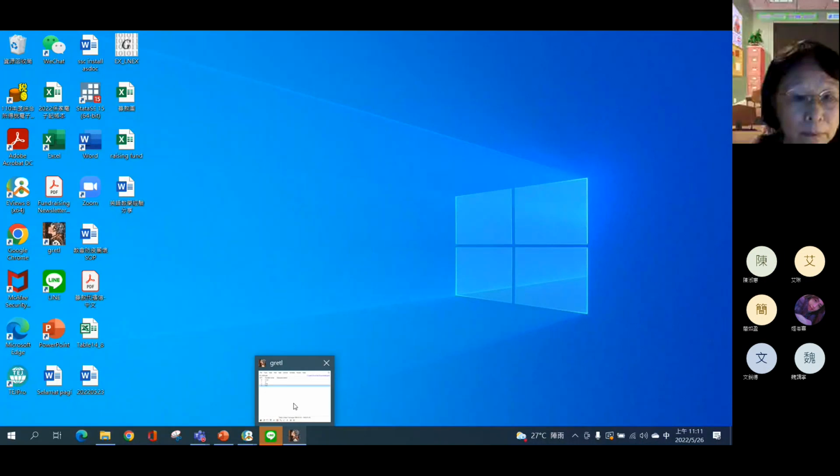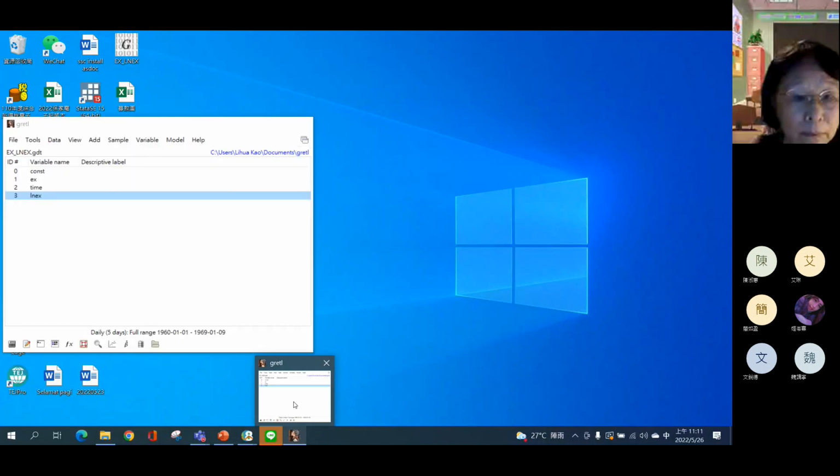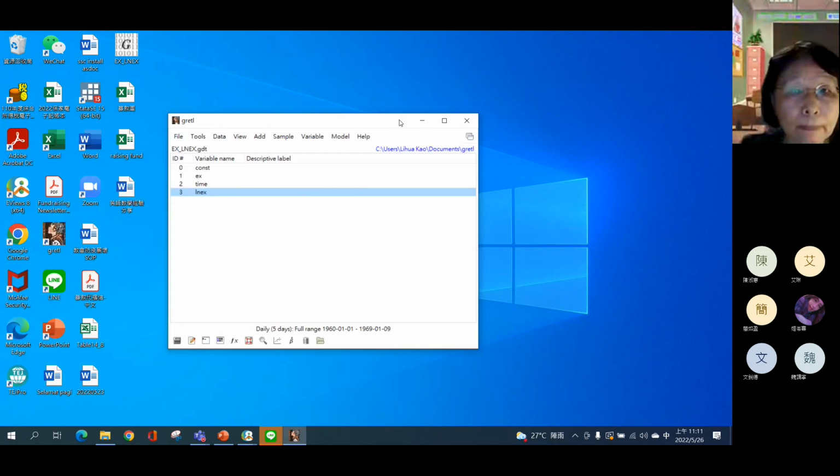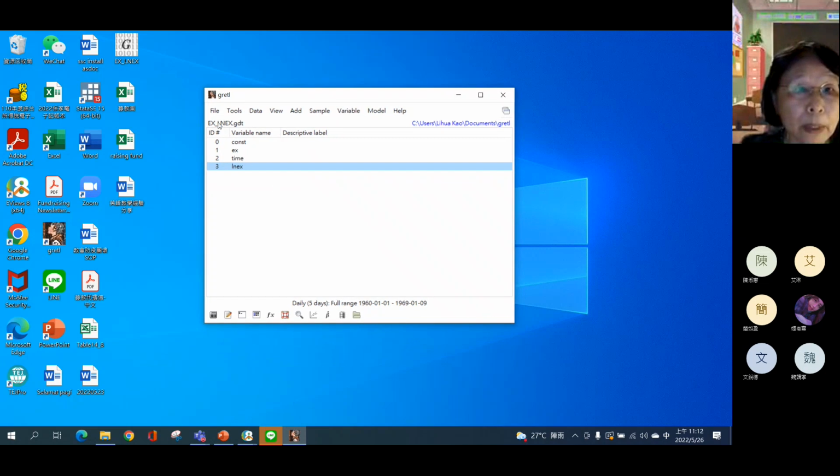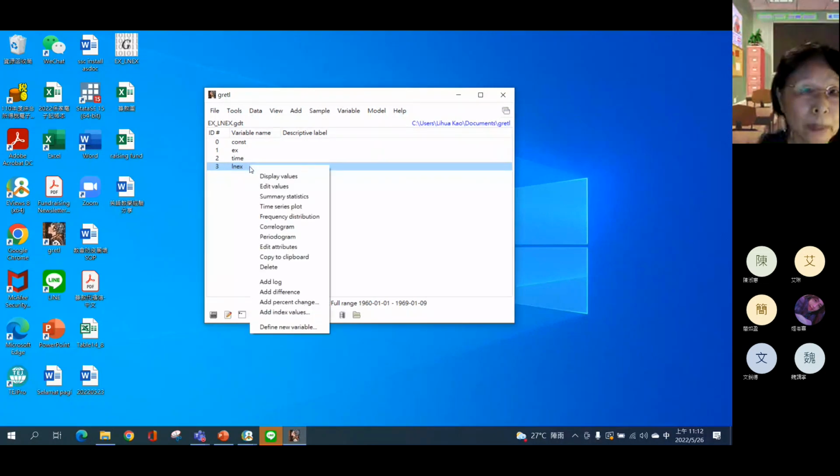about the gretl. Okay, I'll show again using gretl. I already have this data in gretl, and I'm using LNEX. I showed from the beginning that I wanted to see the plot.